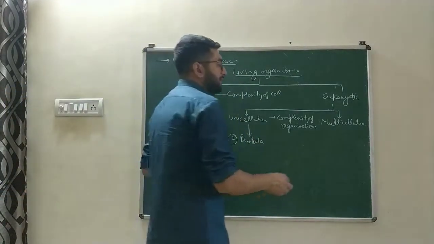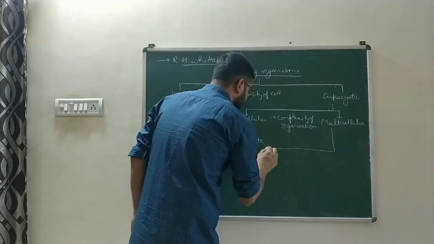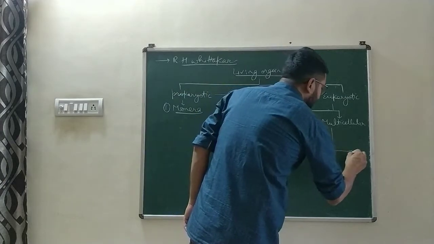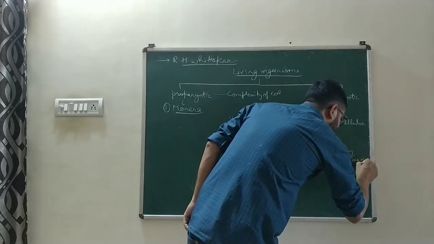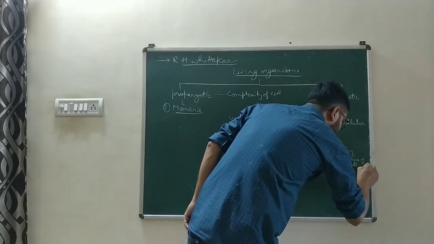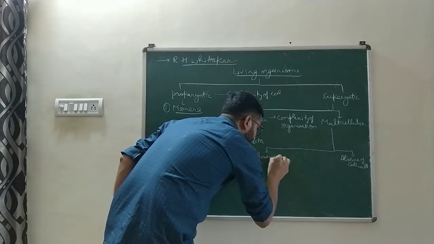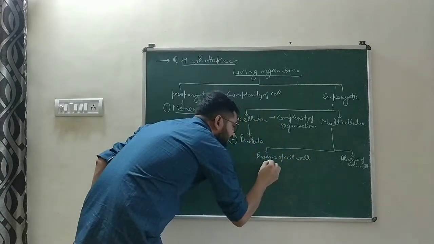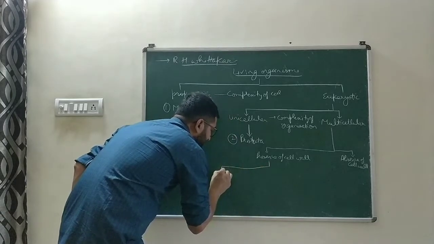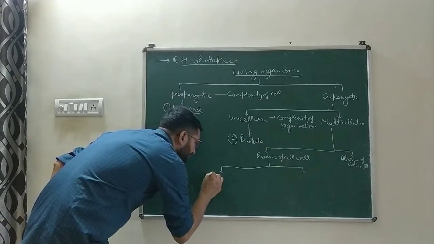Then in multicellular eukaryotes, he further differentiated on the basis of presence or absence of cell wall. In the presence of cell wall, he further gave another differentiation on the basis of mode of nutrition.